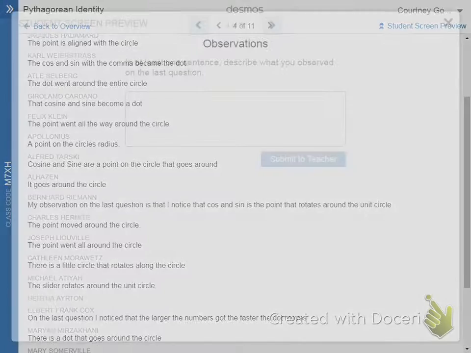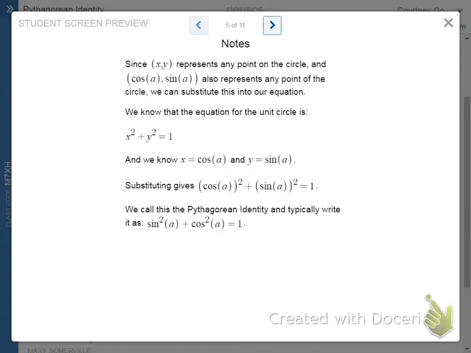The next slide was actually our notes for today. So if you were absent, please make sure that you pause here and write this down. Basically, this is saying that we are able to use what we just did. So we use the equation of the unit circle, a circle centered at the origin with radius 1. And we use the fact that cosine A comma sine A represents any point on that circle.